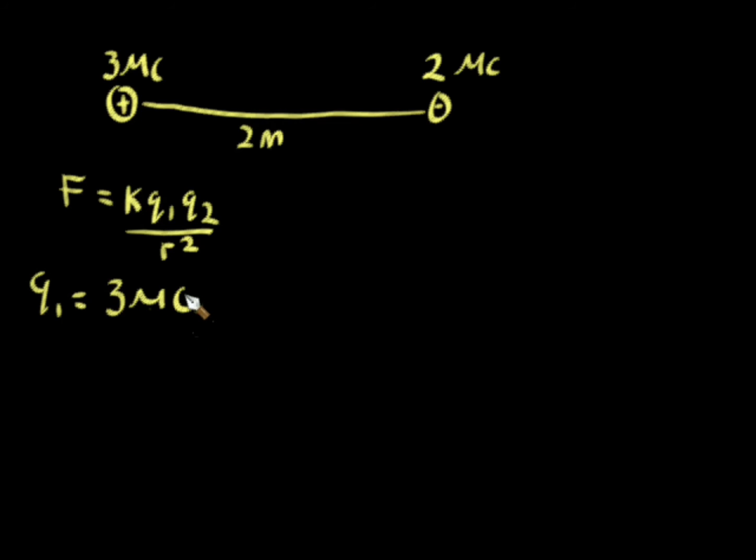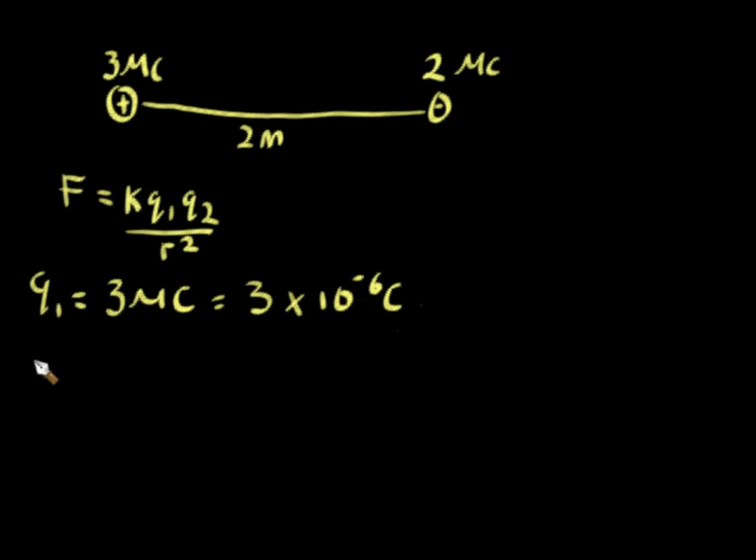To convert this microcoulomb to coulomb, we have to multiply by 10 raised to power negative 6. We can't work with microcoulomb; we have to work in the SI unit, that would be coulomb. So this gives us 3 times 10 raised to power minus 6 coulomb.